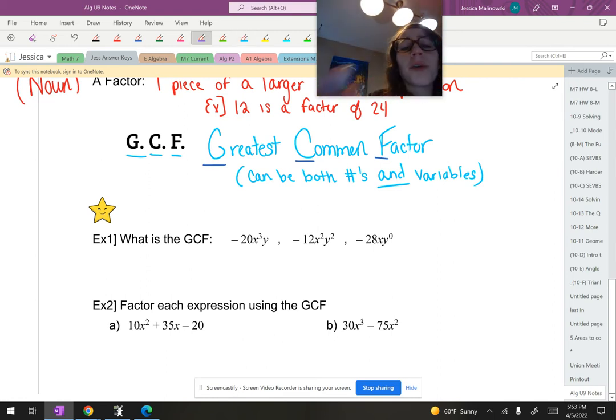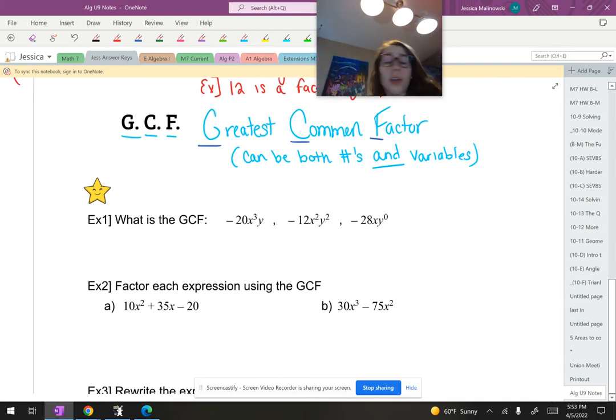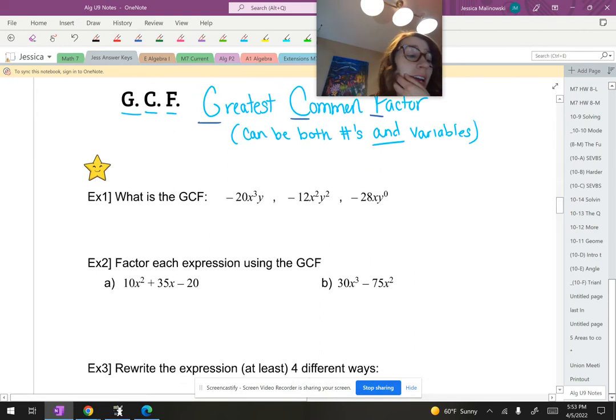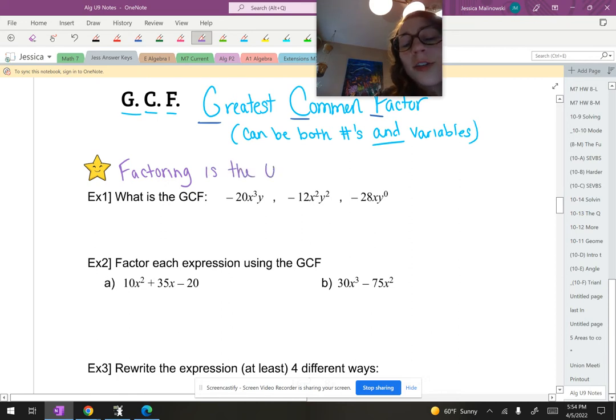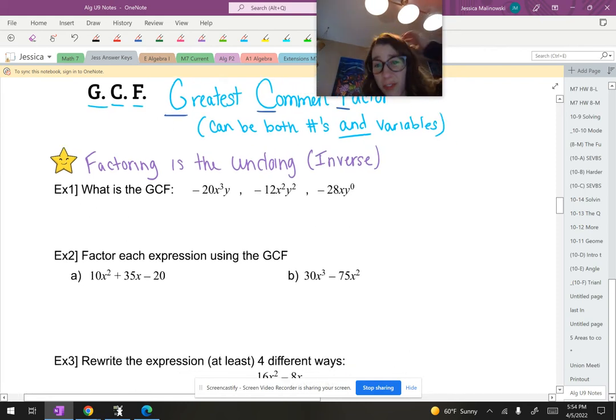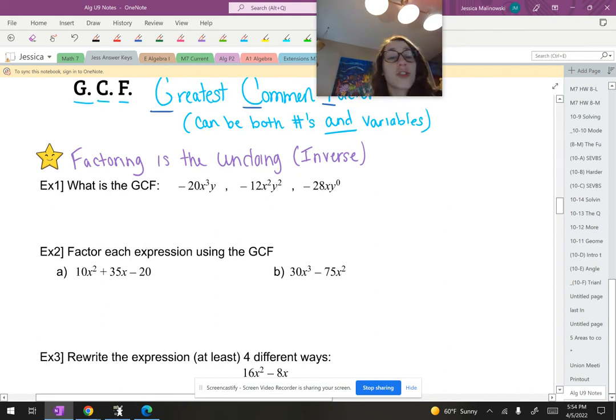And why this is relevant to the life of math here is that factoring, and this is what our cool little star is for, I love those little stars, is the undoing, or the fancy word, inverse, the way multiplication is the inverse of division and subtraction of addition.